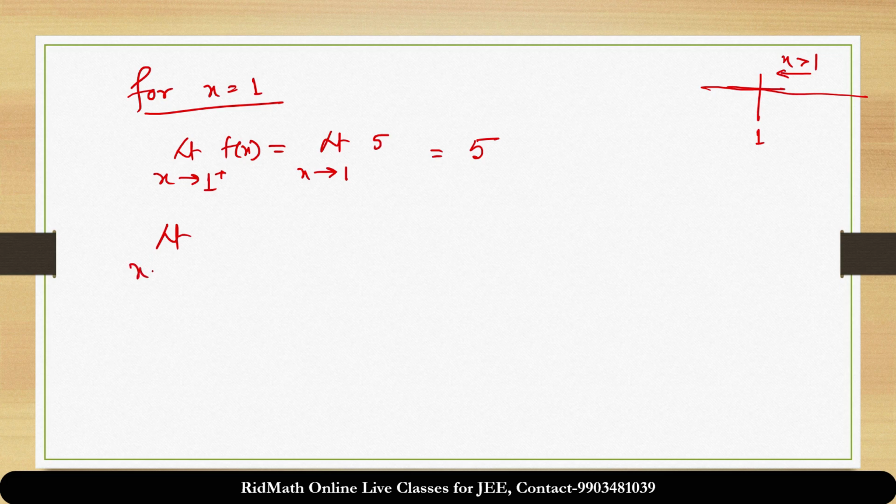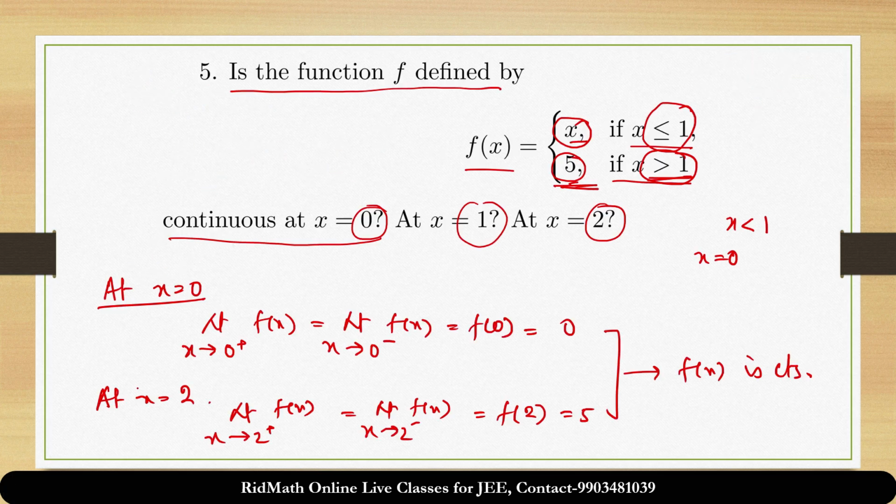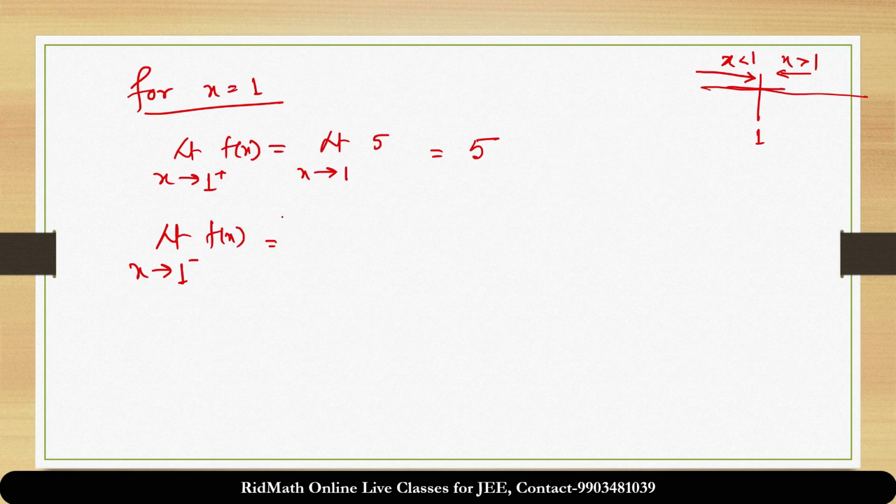Now limit as x tends to 1 minus of f(x). That means we are approaching 1 from the left hand side, that means x is less than 1. And for x less than 1, the definition is f(x) equal to x. So that means limit as x tends to 1 of x, that means 1.